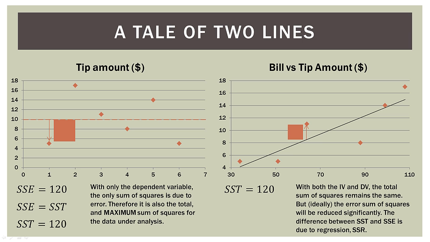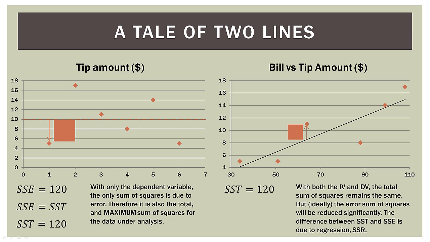So the difference between the SST of 120 and the SSE, which we will calculate, is the SSR, or the sum of squares due to the regression we did. This is very much like ANOVA in a way. We'll talk about that as we go forward. But the SST will always be 120.